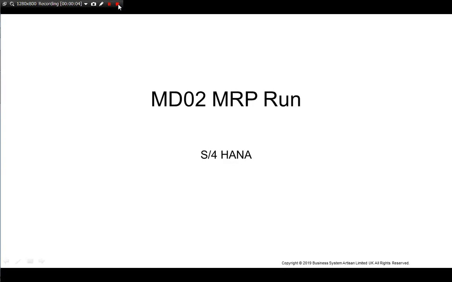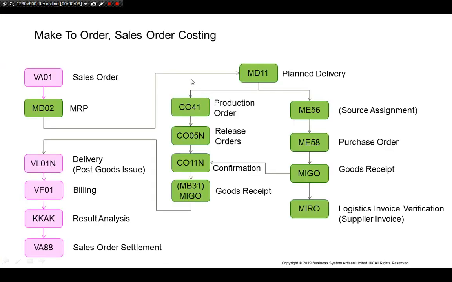Hi, so we run the MRP. We created a sales order and that triggers the requirement to create the finished goods. So we will do this in MD02.